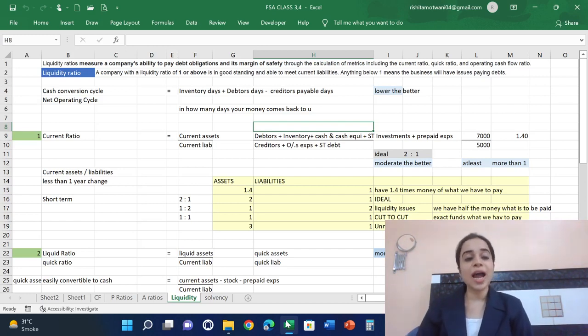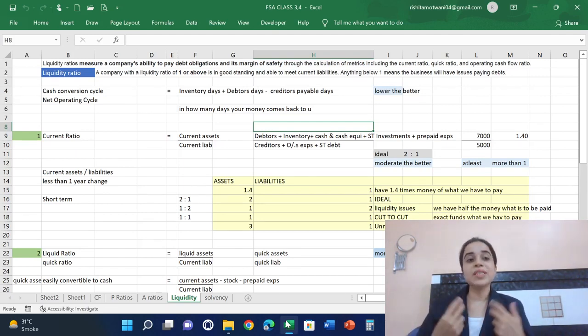We calculate that with the help of the current ratio, quick ratio, operating cash flow ratio, cash ratio and other ratios. The answer is not in percentage, the answer is in times. That means how many times the company is having more than what it has to repay.